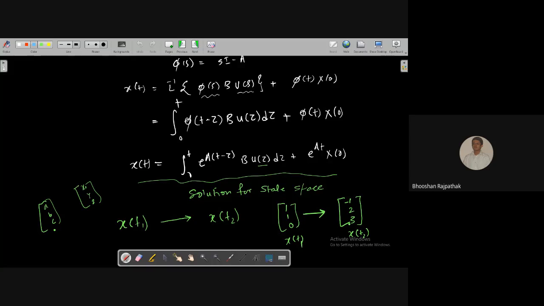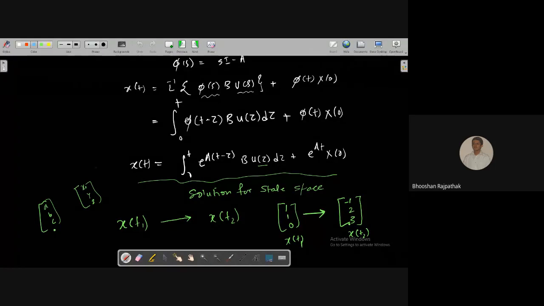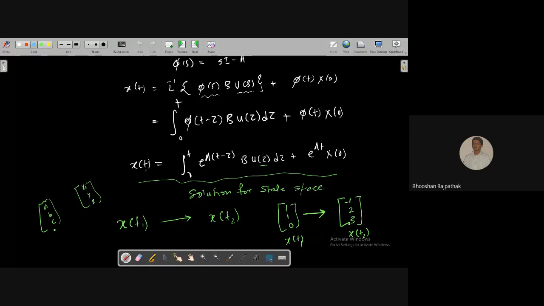Now we are saying instead of x naught, I can have any initial state, that need not be starting from zero, because this is a time invariant system. So if you change the time, it will not affect this. So I am saying at any given initial time, I can have any arbitrary value and I want to change to any different arbitrary value again.